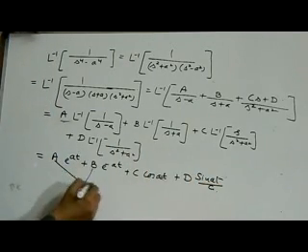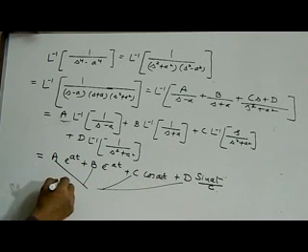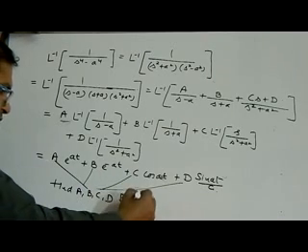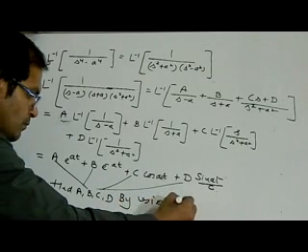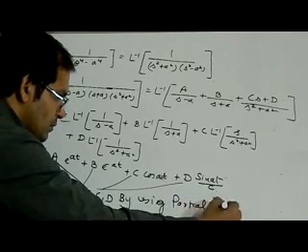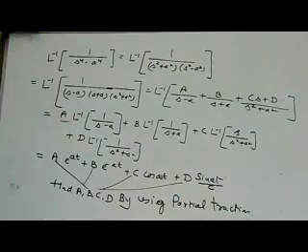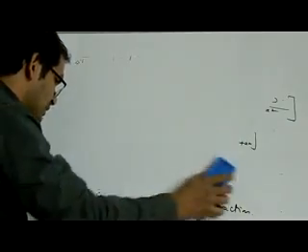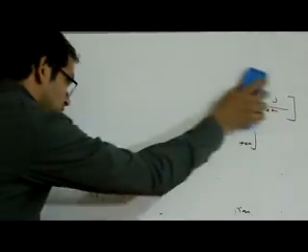Now please find the values of A, B, C, D by using partial fraction. So this way we can simplify this type of problems also. So I think it is a very simple process to find the inverse transformation. It means that we can find the inverse transformation by using partial fraction also, if we have a rational function.